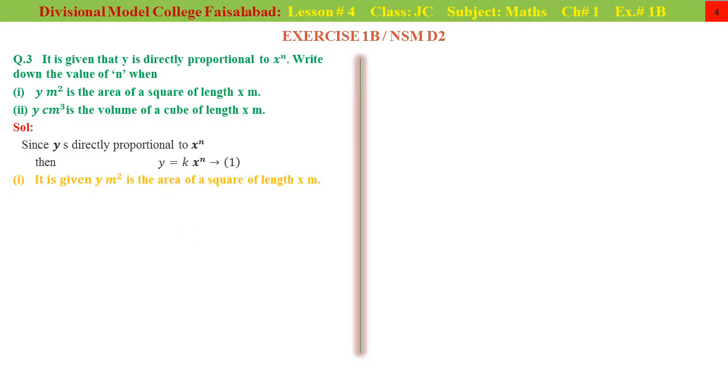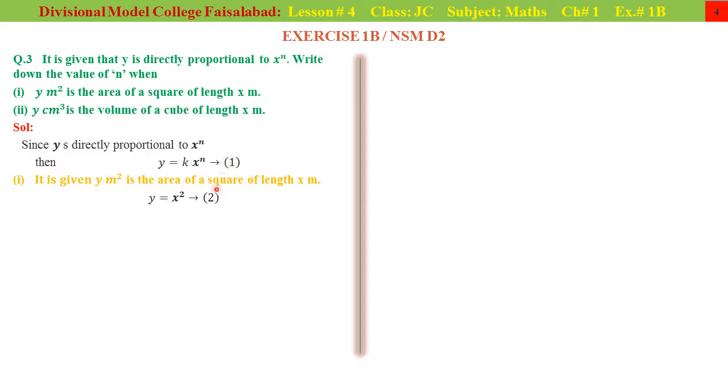So area of a square we know is side multiplied by side. Because the length of the side is x, x multiplied by x will be equal to x square. Because area is represented by y, y is equal to x square. This is the equation for the area of the square.